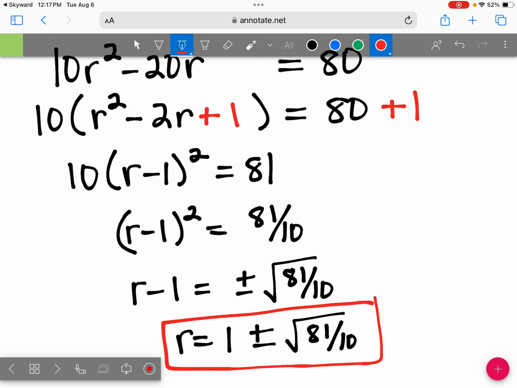Yeah, 81 or 81 over 10, I think that's it. You have to factor out the 10. Like this one, you have to factor the 10 out of the east side, out of those two first.